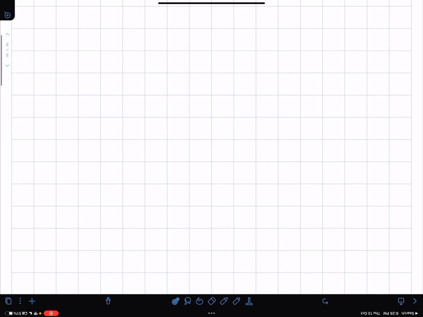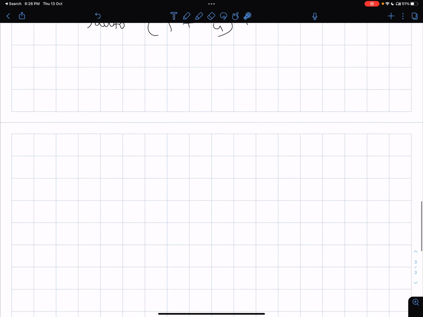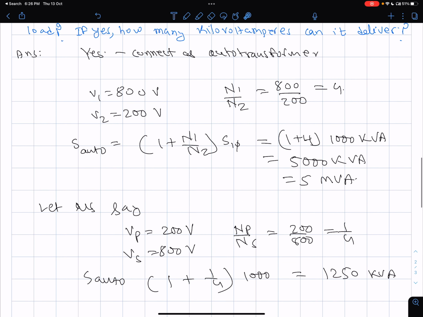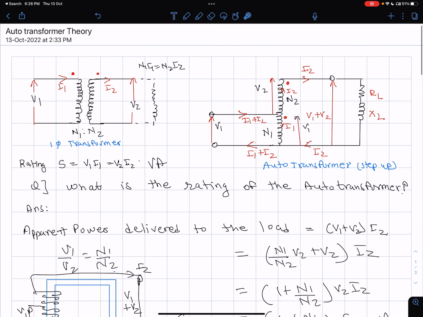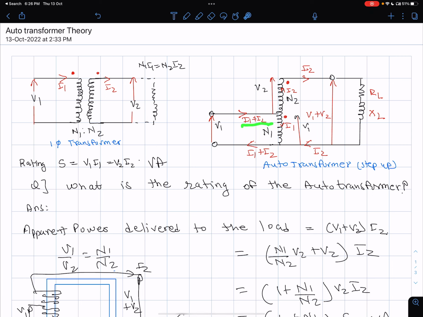Why is that understandable? Because the current which is being pushed in the primary here is always I1 plus I2, so that current is fixed. Once you had 800 volts connected here, the other time you had only 200 volts connected here. So in the first case, you will push in much more power. In the second case, you will push in much less power.